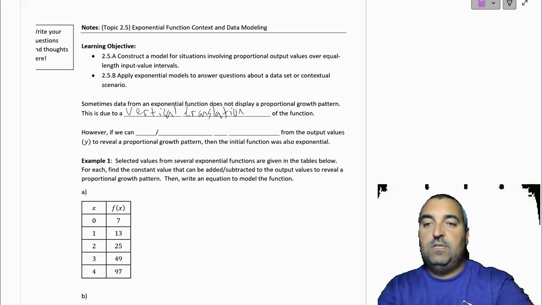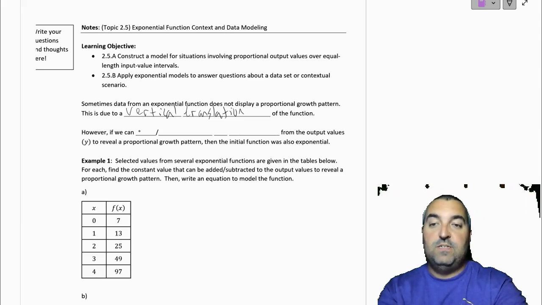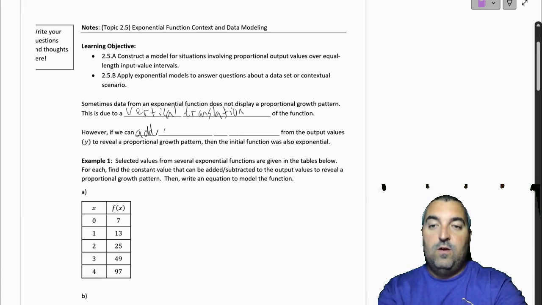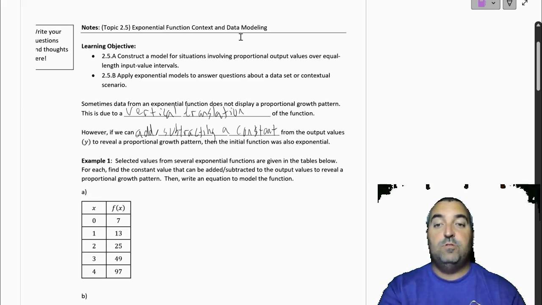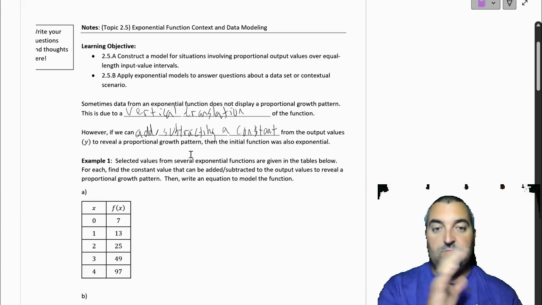We'll see examples here, but the way we fix this is by either adding or subtracting a constant from the outputs to then reveal our growth pattern. And then the initial function was also exponential.